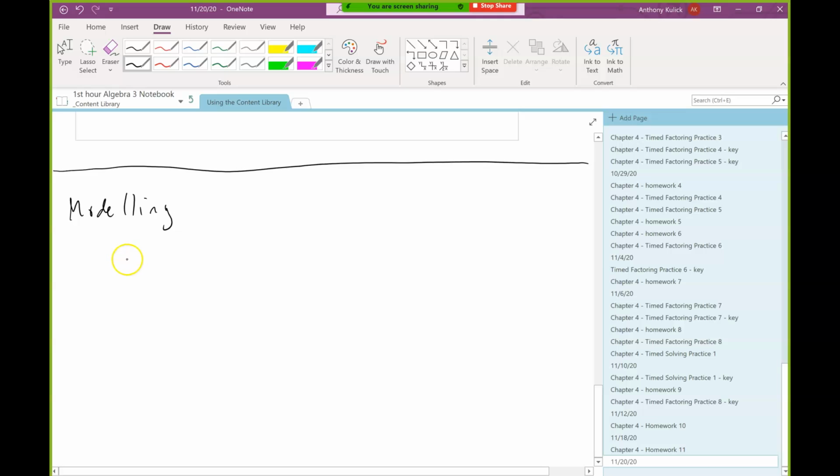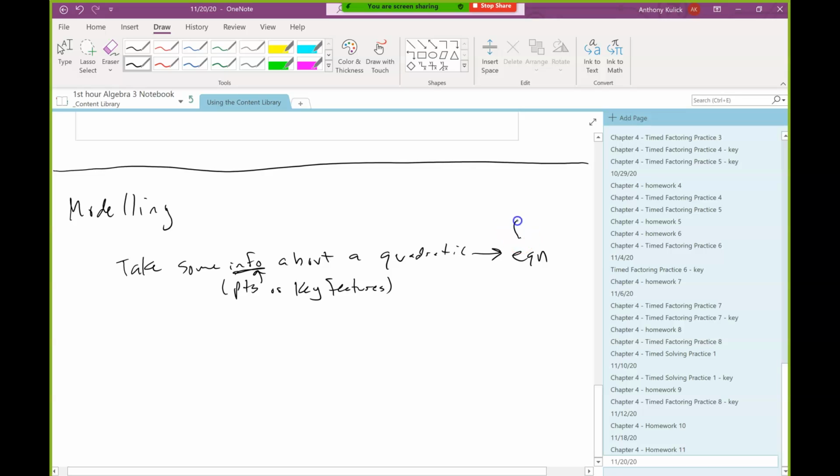And the idea here is we want to take some info about a quadratic, and by info really we mean points or key features, and turn that into an equation, or really a function.